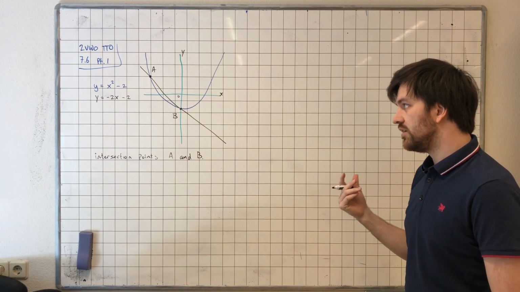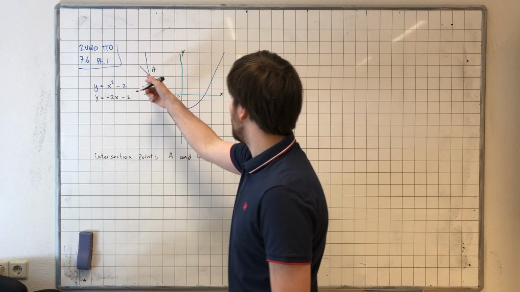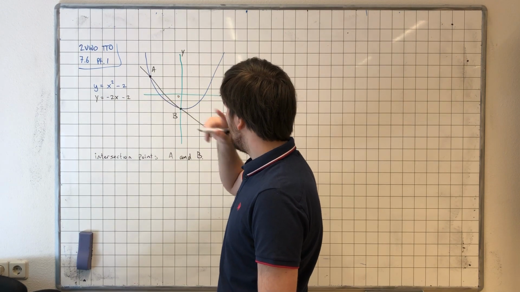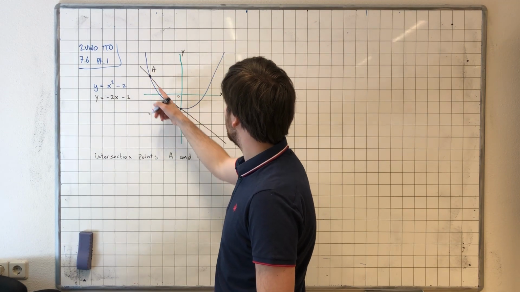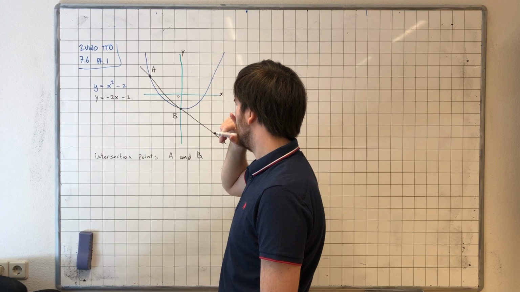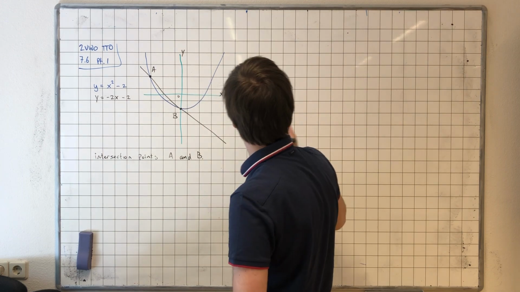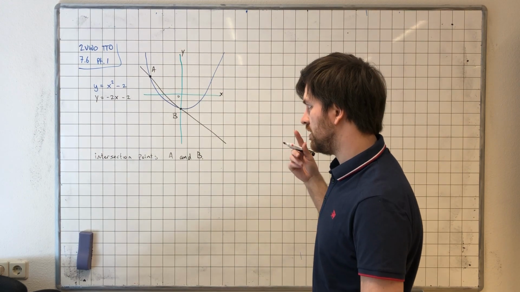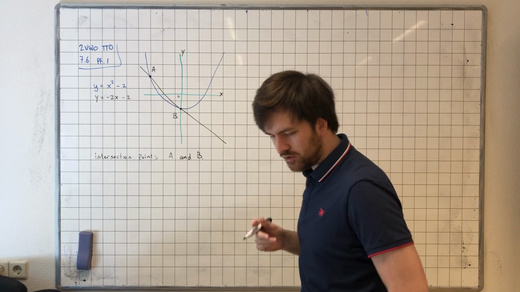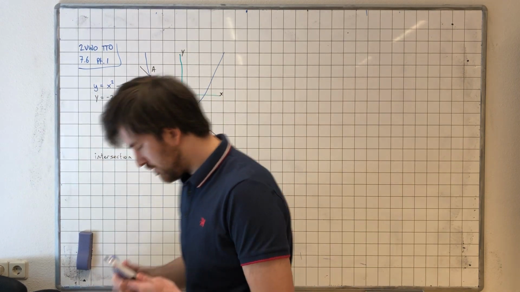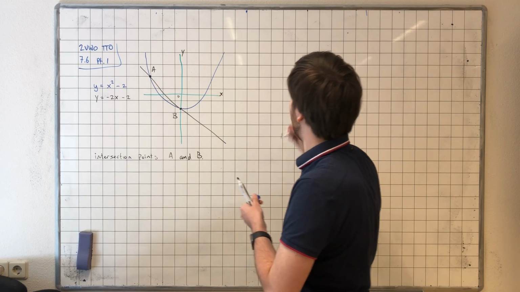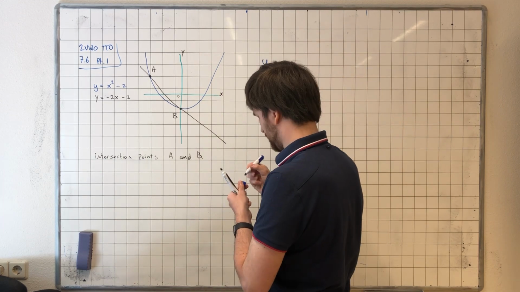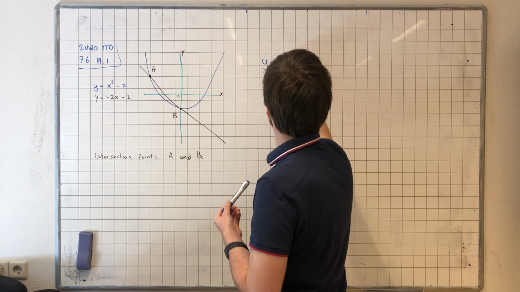So what is definitely true on both of these two points? Well, the value of y is the same. So I'm going to write down something which might seem odd, but hopefully it will make some sense. I'm going to write down that y is equal to y.